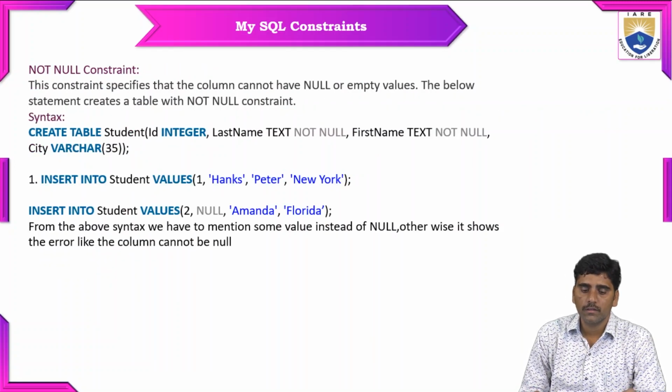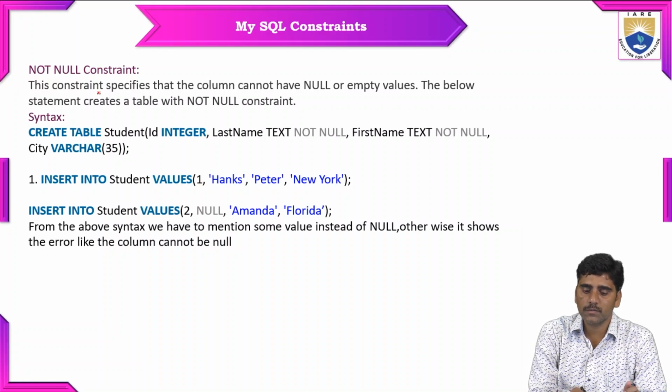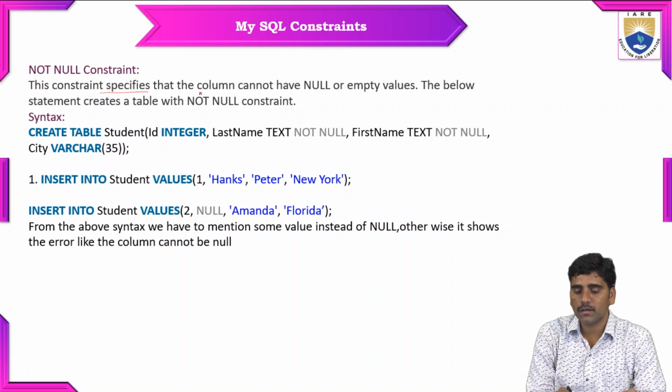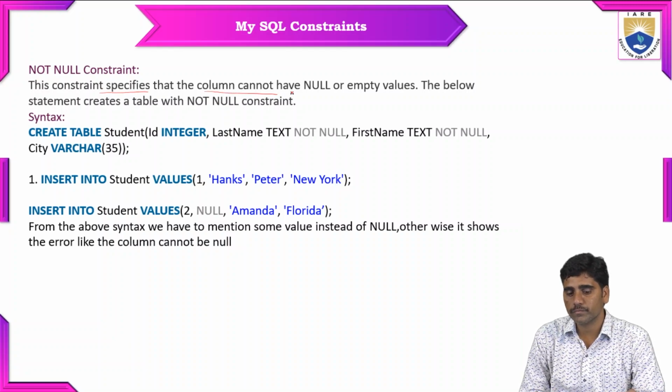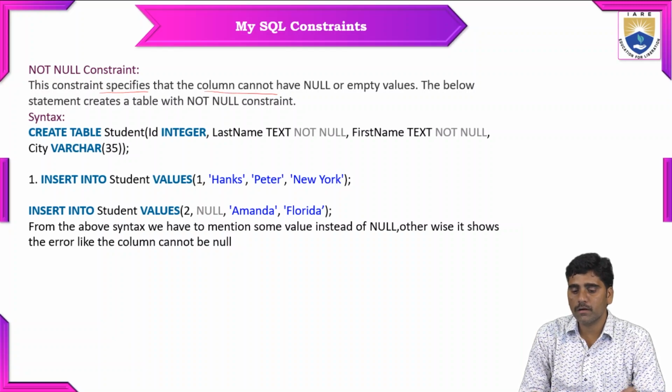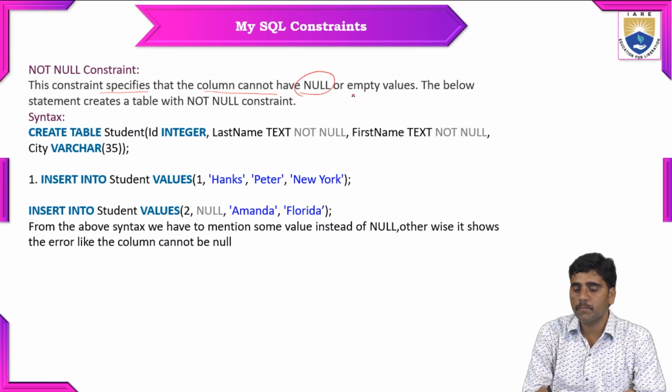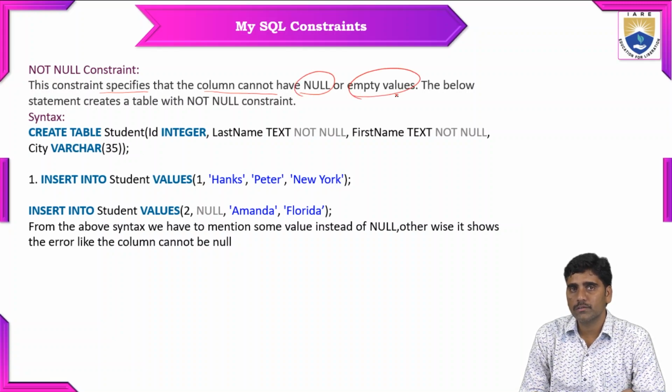So here, the NOT NULL constraint. This constraint specifies that the column cannot have null or empty values.